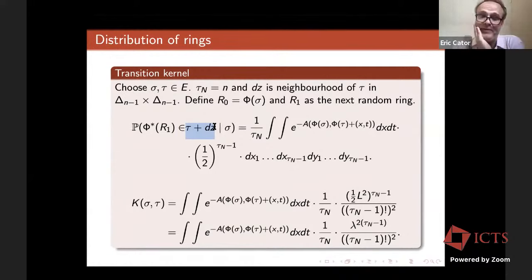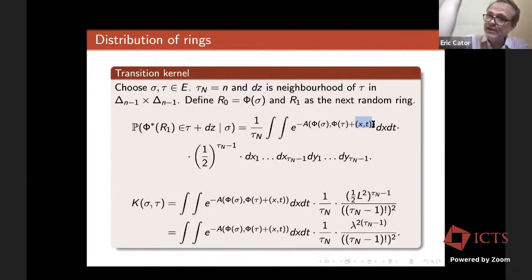So how can this happen? Okay. First of all, I take phi of tau, which is a ring that starts in 0, and then I translate it with xt above, so that it ends up above R0. It can be anywhere above, right?